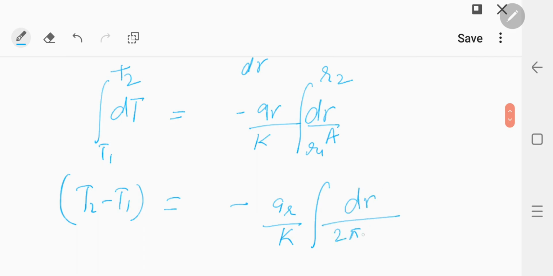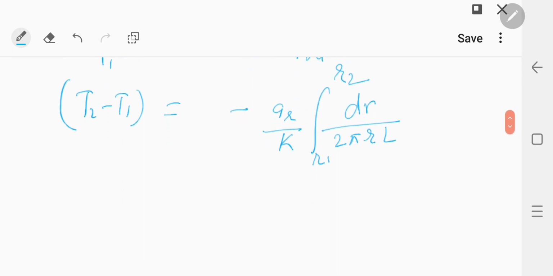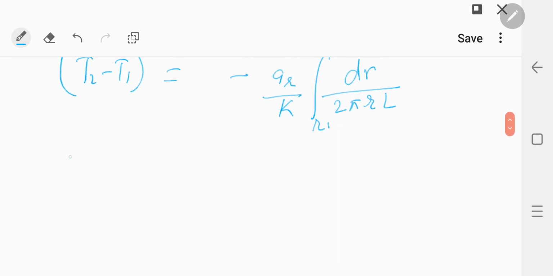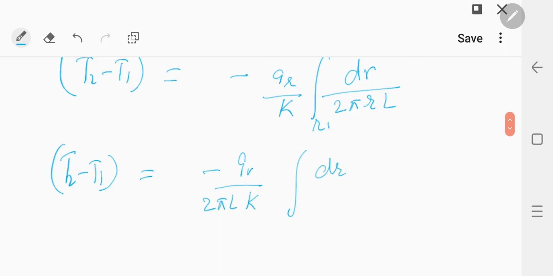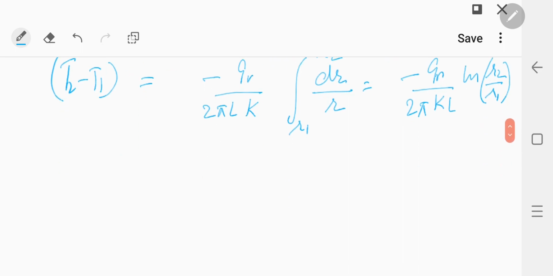So integrating QR by K, dr over 2 pi r L, from r1 to r2, will result in T2 minus T1 equal to minus QR over 2 pi L K, as they are constant and taken out, times ln r2 by r1.